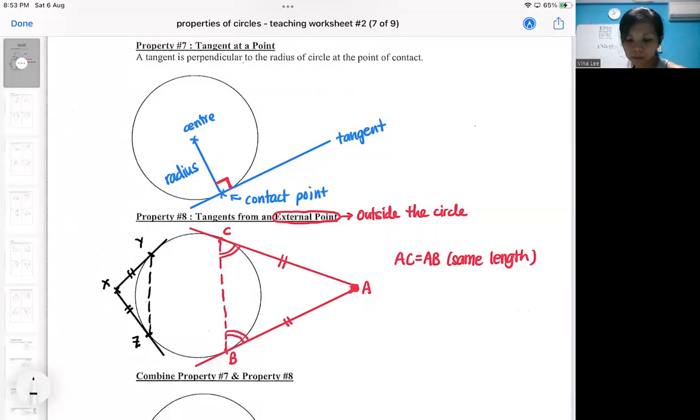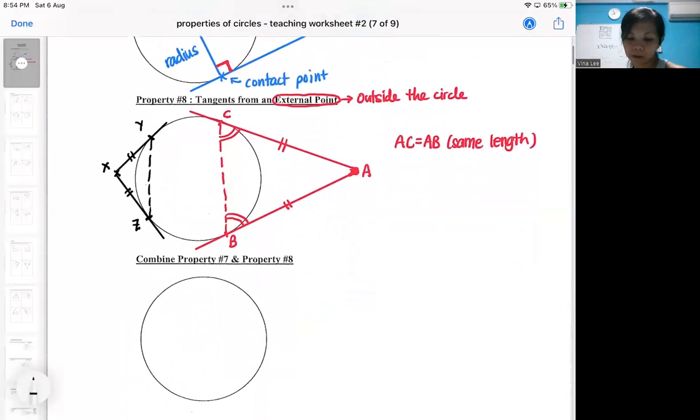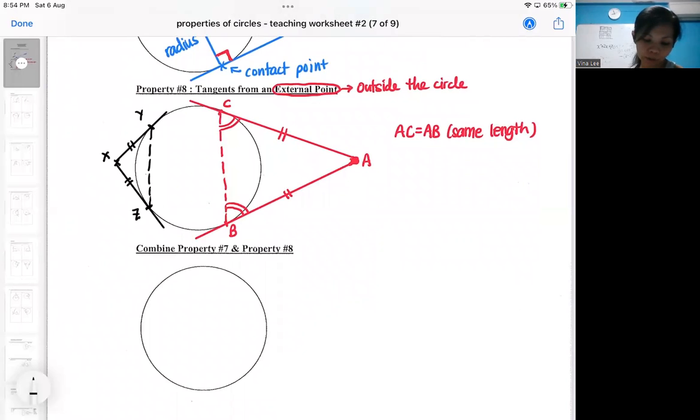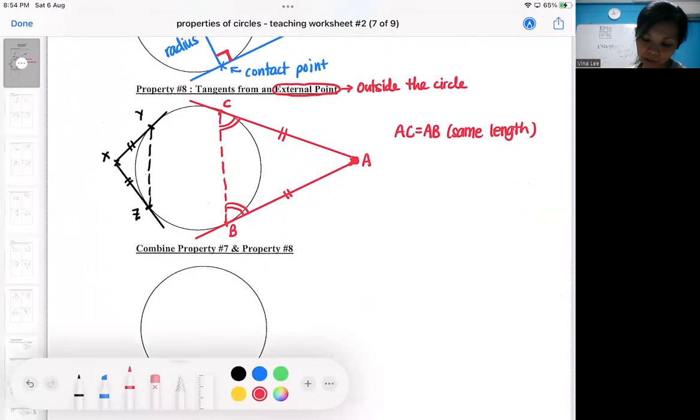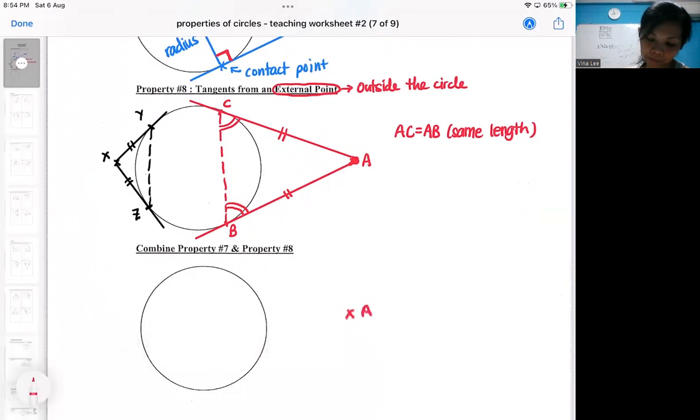But a lot of the time these two properties will be combined into a single diagram. So I'm going to show you how I can combine them into a single diagram. The red color one is the tangent from an external point. This is the isosceles triangle.